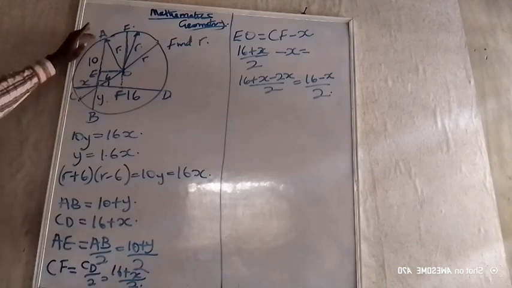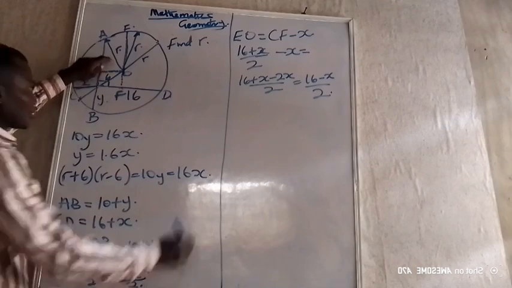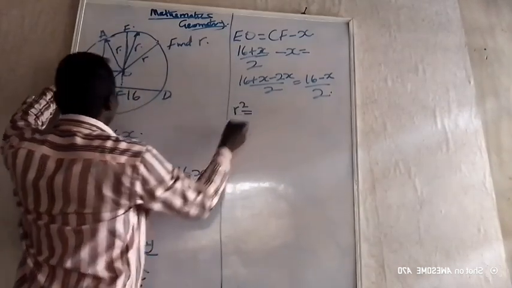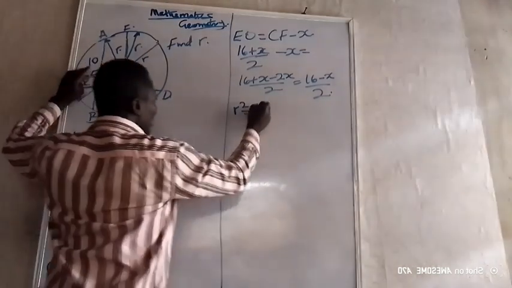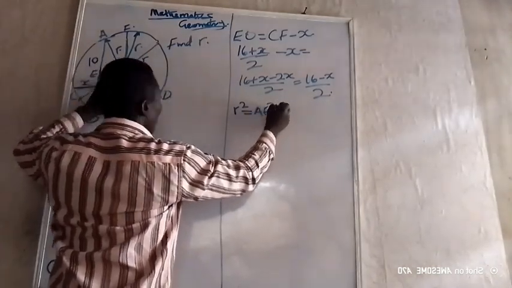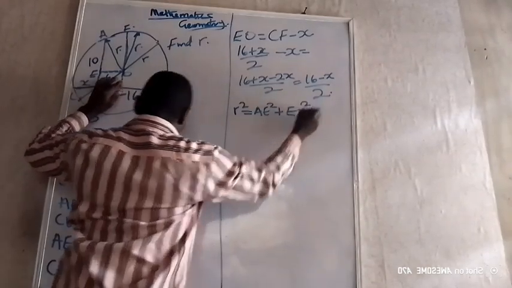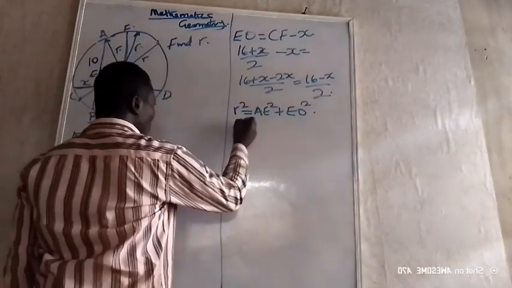Now, we have gotten AE here. So we can now say R squared is equal to AE squared plus EO squared. And what is AE? 10 plus y over 2.